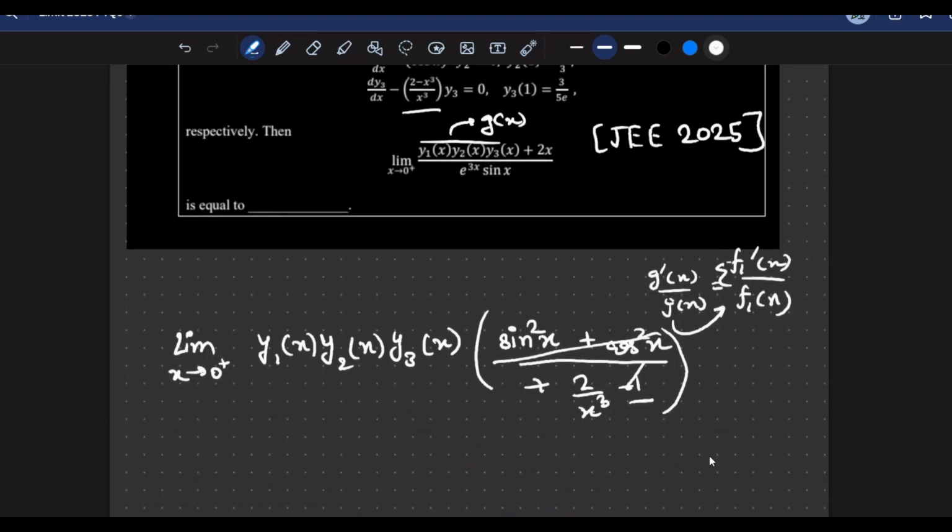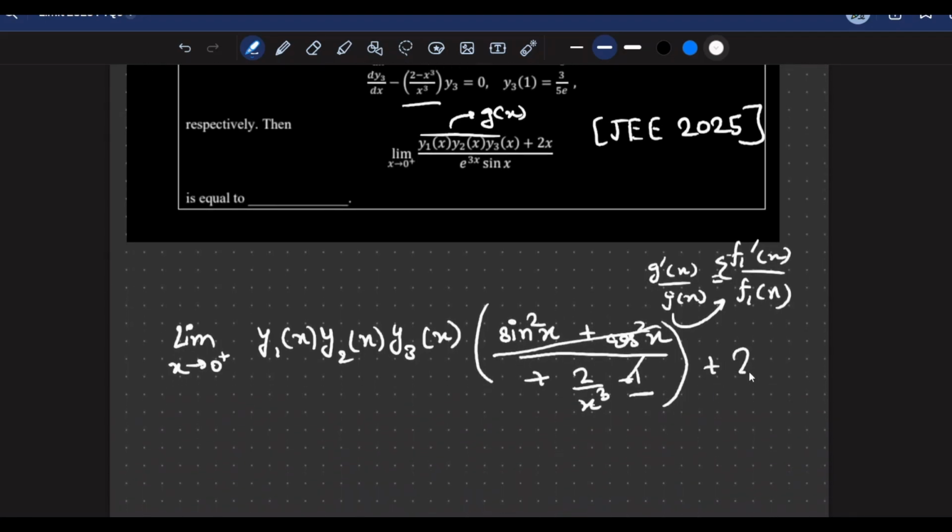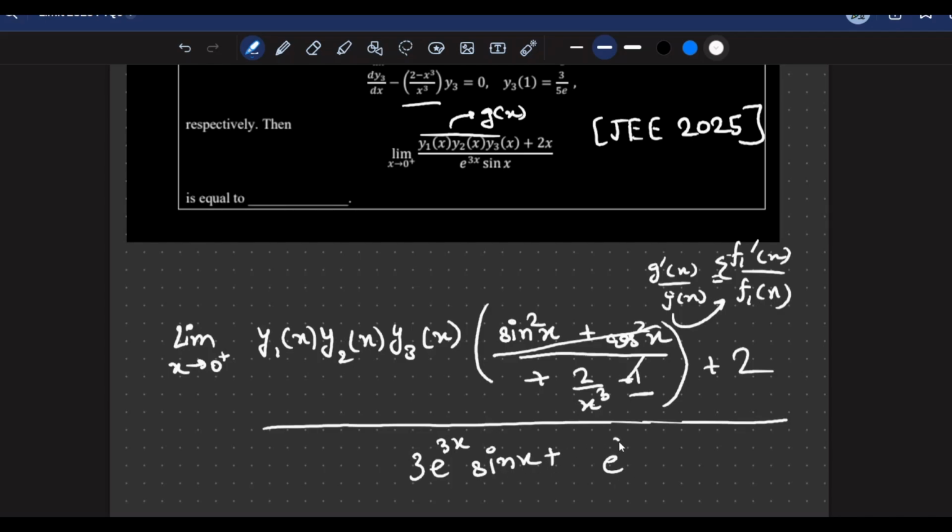There will be more terms after the differentiation, which will be e power 3x sin x plus e power 3x cos x. This will be the value of the denominator. Why did I use L'Hopital's rule? Because you could see that it is a 0 by 0 form.